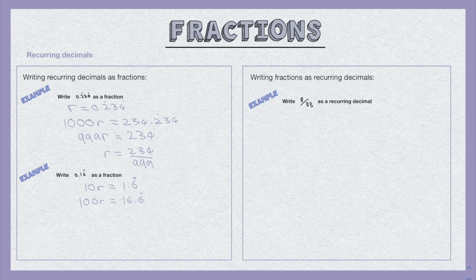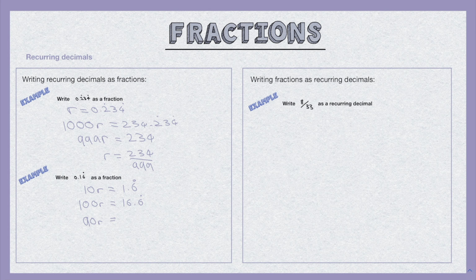And then you want to do 100r minus 10r, which would make 90r equals 15, because there is that 1 there, so 16 minus 1 would be 15, and so that would make r equal 15 over 90.